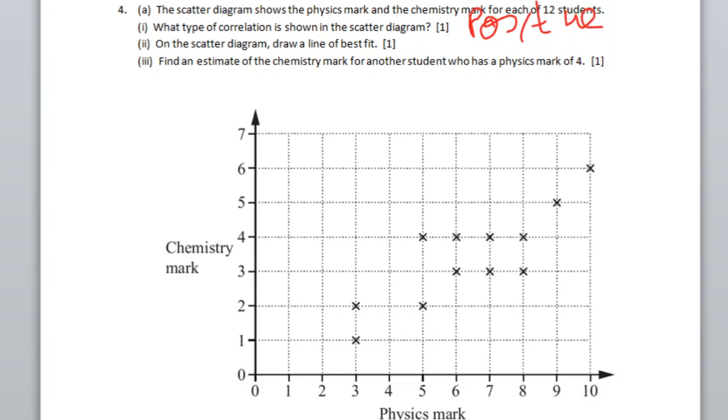Part 2, on the scatter diagram draw the line of best fit. So again we're going to make a very rough boundary for the given points. Now let's try to draw its line of symmetry.